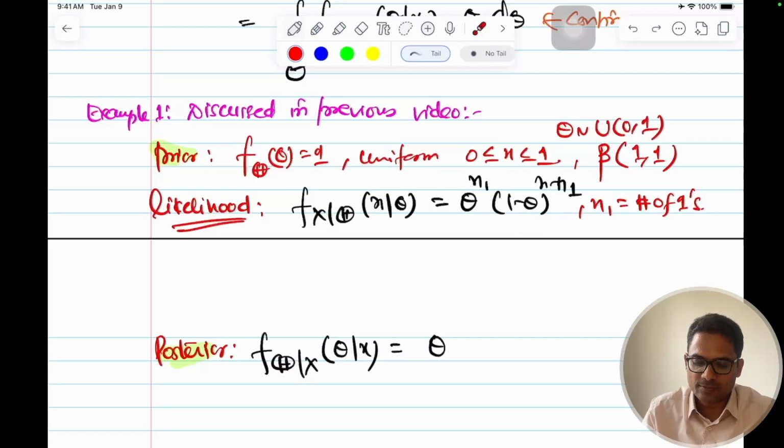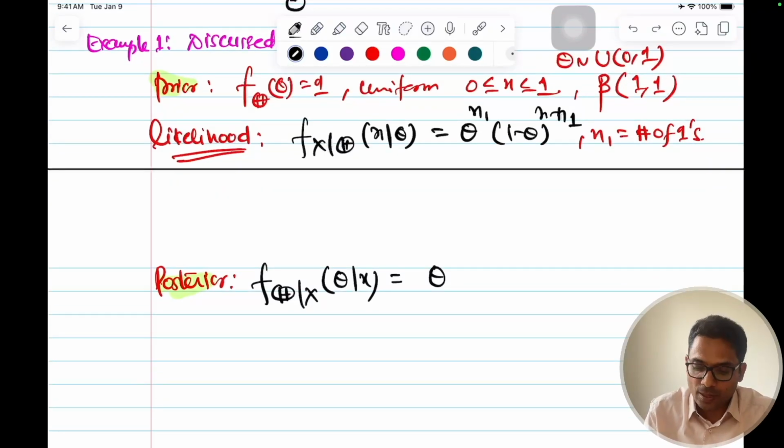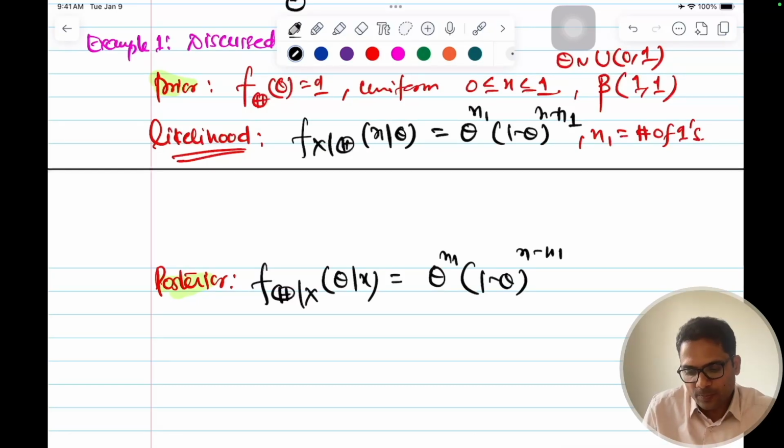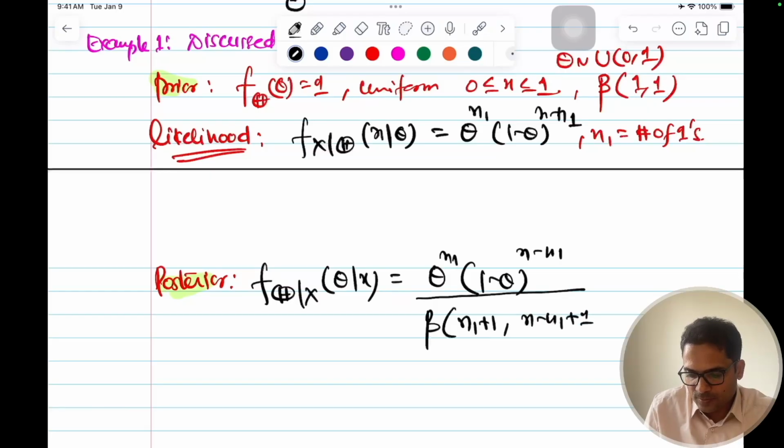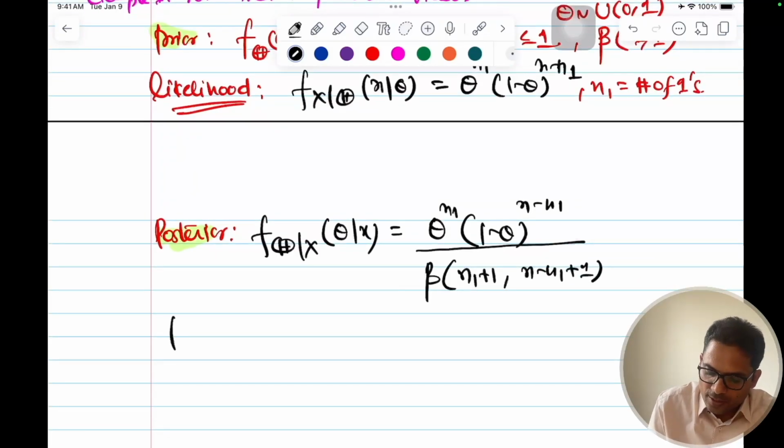We have to find this parameter theta. After doing this analysis, we found the posterior was theta to the power n1, 1 minus theta to the power n minus n1, divided by beta of n1 plus 1 and n minus n1 plus 1. And what is our beta?